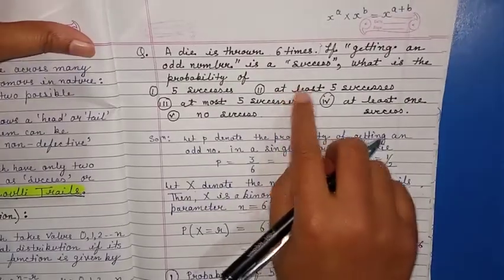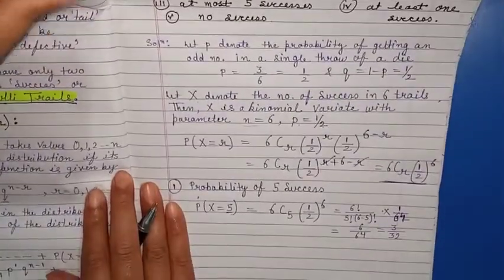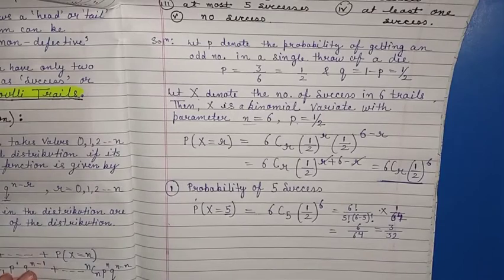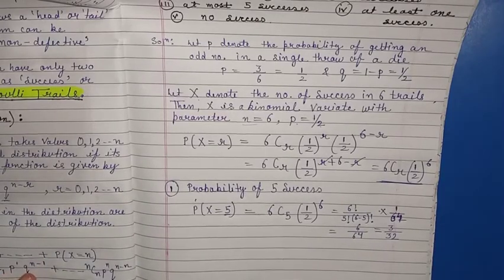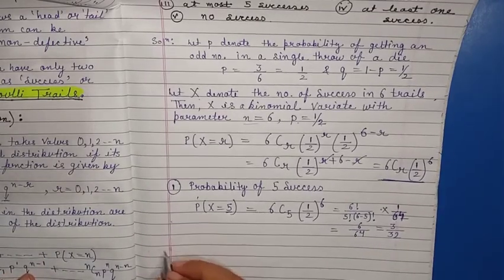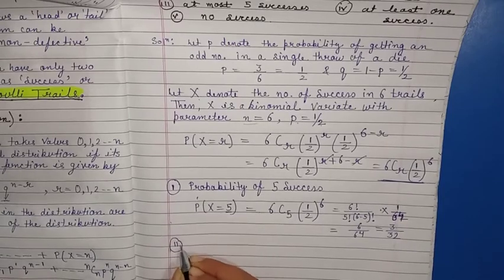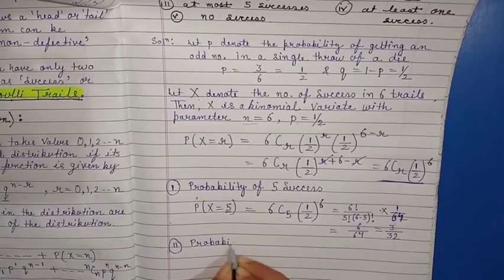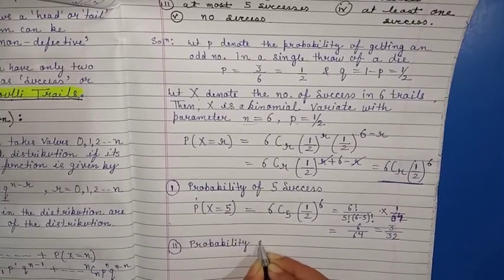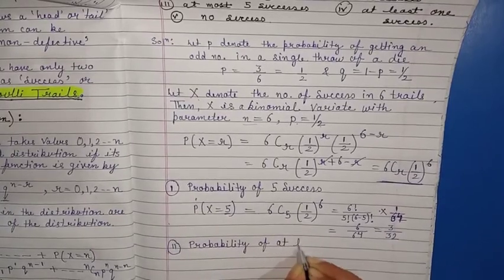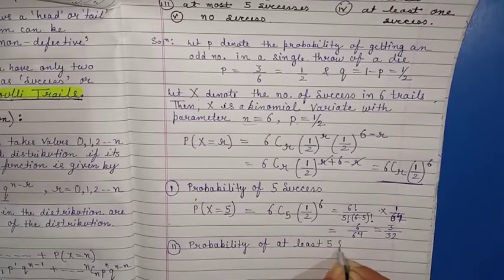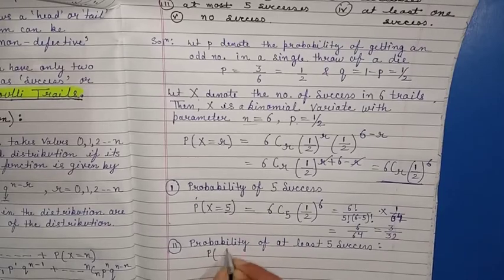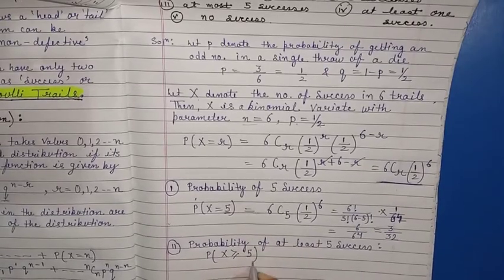Our second question is at least 5 successes. At least 5 successes means we should have at least 5 successes. More than 5 is also considerable. So in the second question, we have to find the probability of at least 5 successes, that is, P(X greater than or equal to 5).